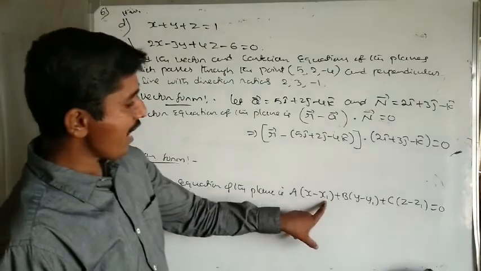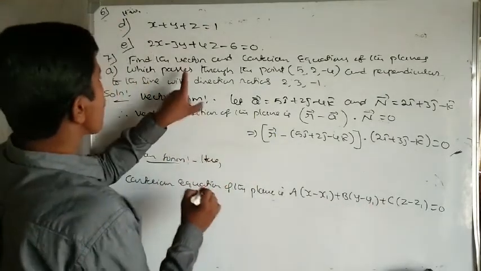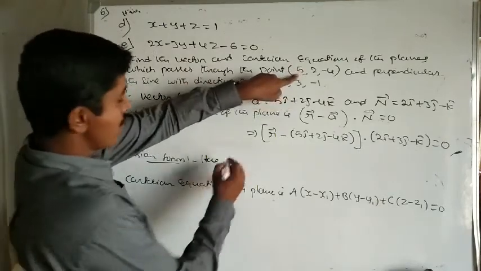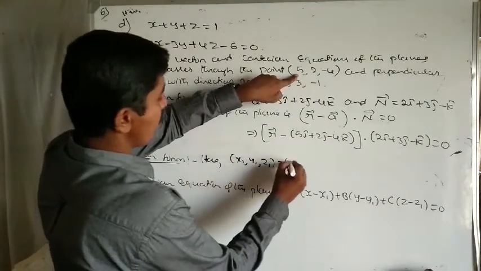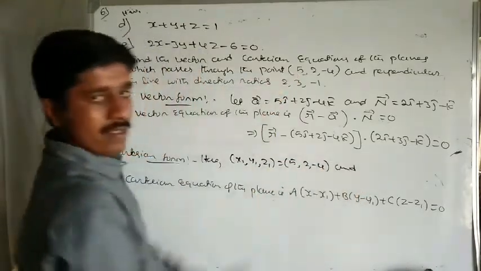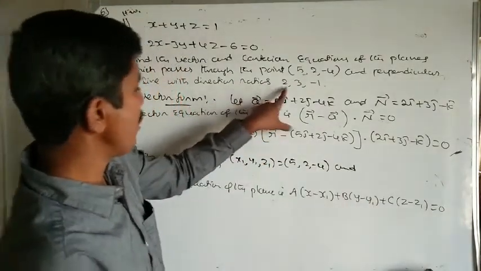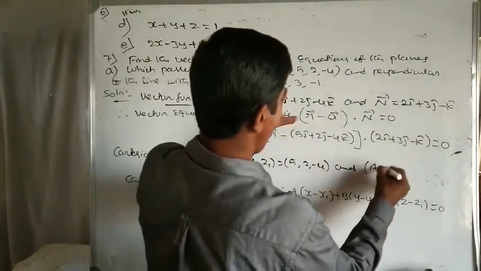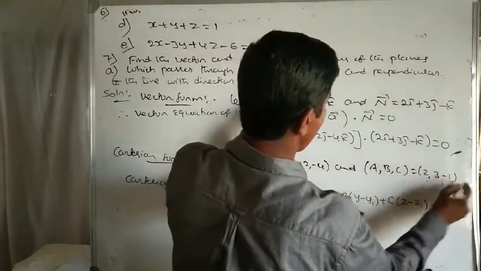Mind you, the point x1, y1, z1 is 5, 2, minus 4, and the direction ratios a, b, c are 2, 3, minus 1.